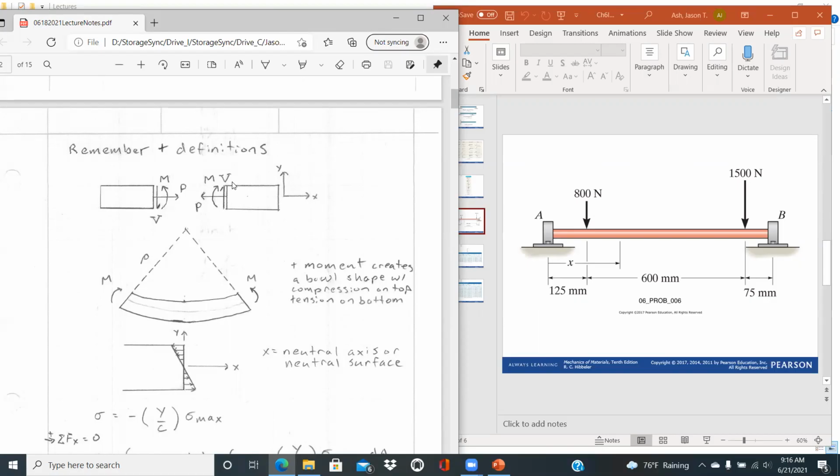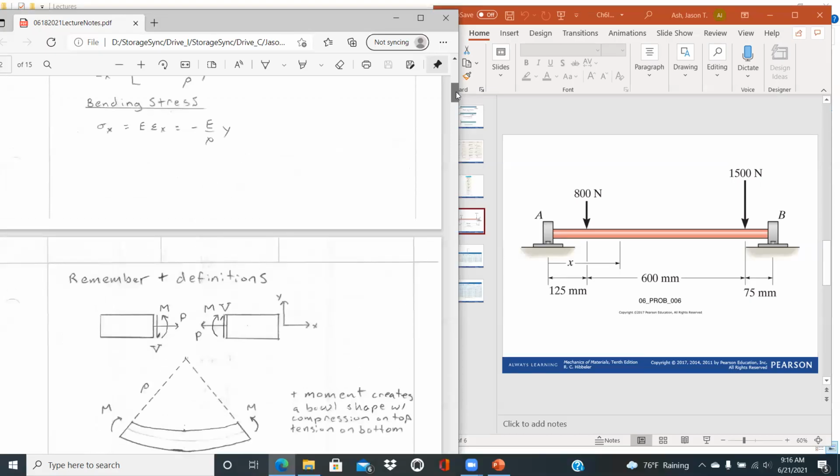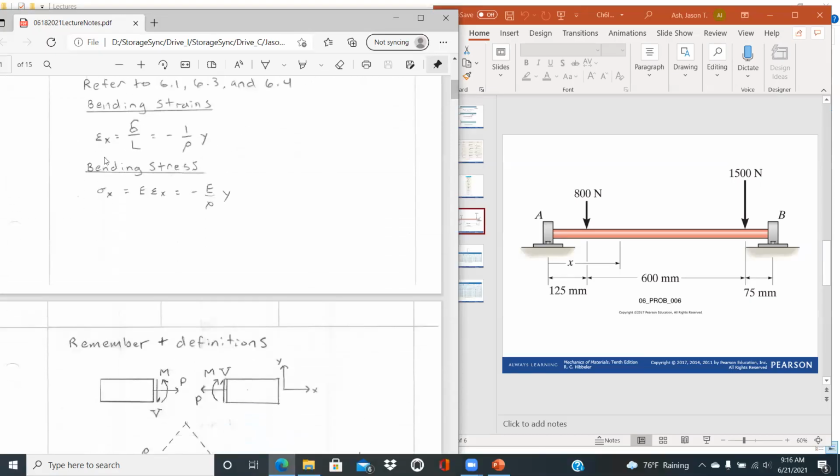from the other side. And so this is where we're getting to that discussion: if we have an internal moment that's developing due to bending, that beam is going to develop a radius of curvature rho. And we can identify then what the strain in the beam is and the stress is based on that radius of curvature that develops.